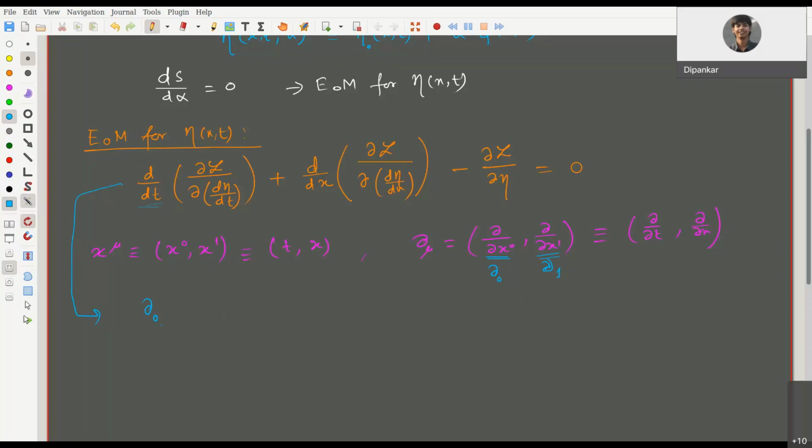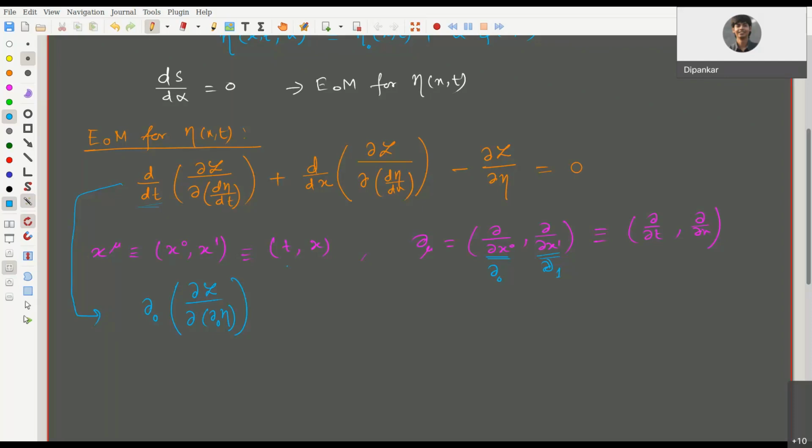I am just writing in this notation so that I can use it here. Notice this is del 0 eta, because this is del eta del t. So d eta dt and del eta del t are the same thing because now x and t are independent. When you are taking the derivative of the fields with respect to the space-time coordinates, it doesn't matter whether you take partial or total derivative, they both mean the same thing because t and x are independent coordinates now.